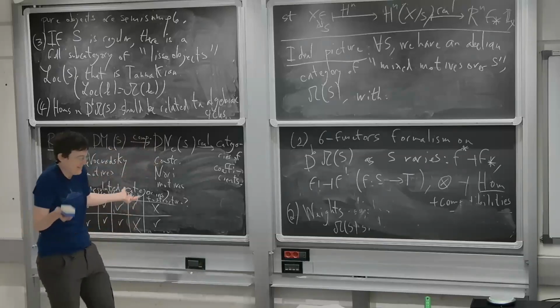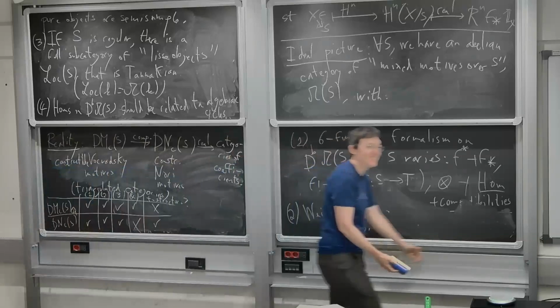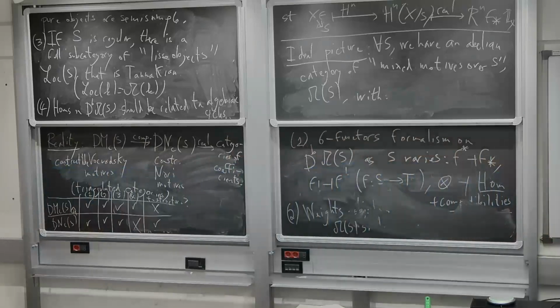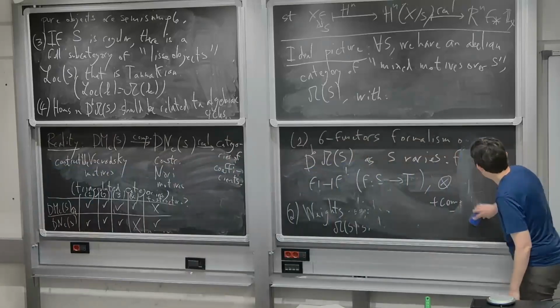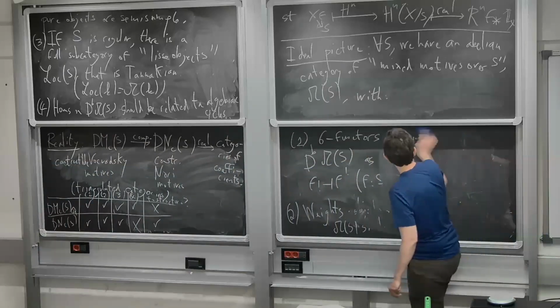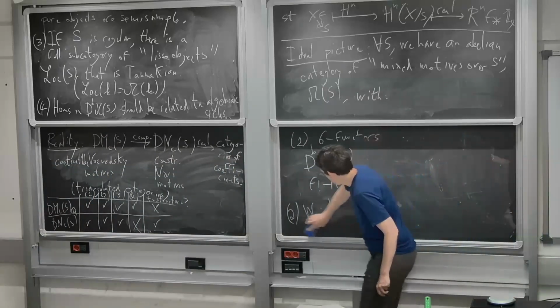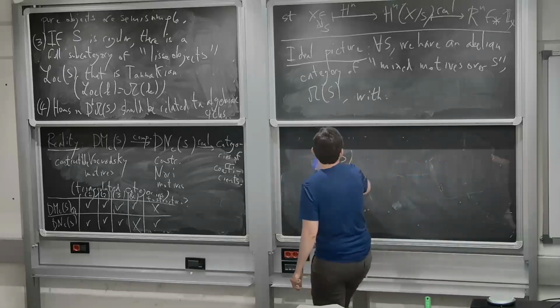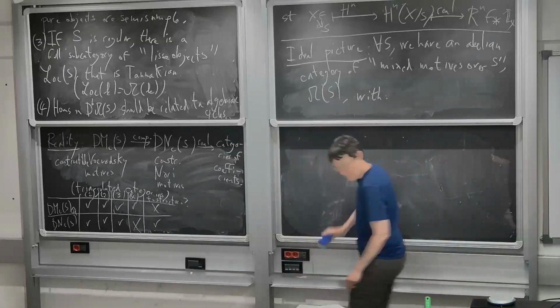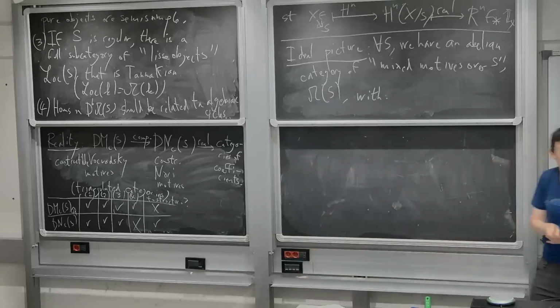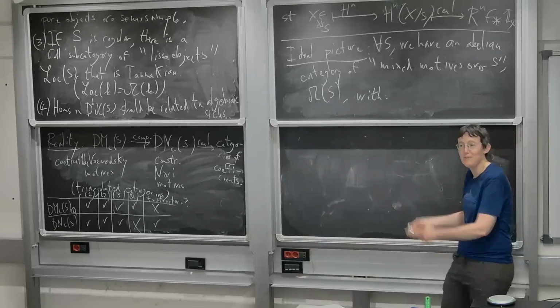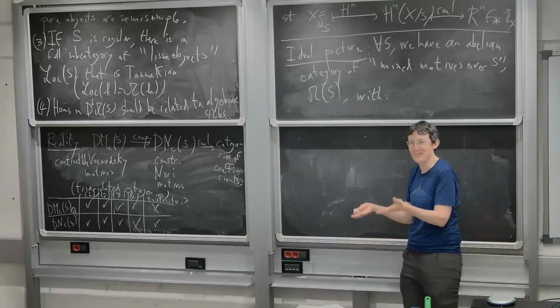It's a pretty big conjecture. So the situation is not perfect, but we have all the properties; it's just not the same category that has the different properties.